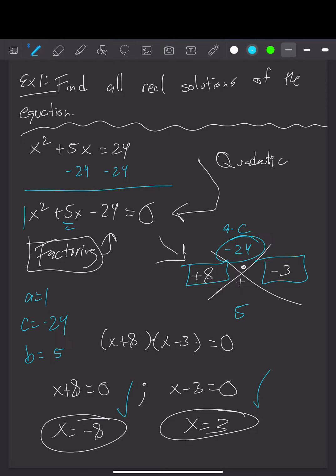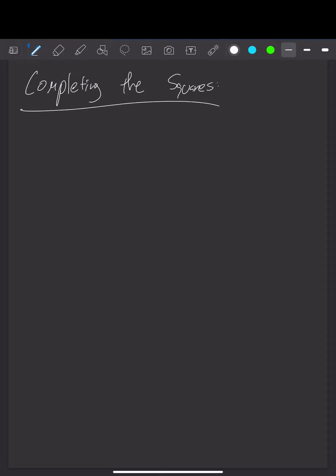Now let's say you have another one. Actually, the second method we could use is completing the square. Usually this one tends to be the harder one for students, even for myself sometimes, because we don't usually use it, but it is useful too.